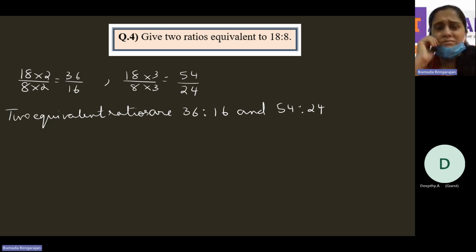Yeah, pencil. Understood this? Deepthi, any questions here?